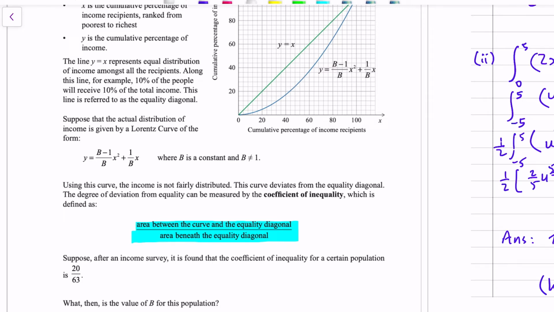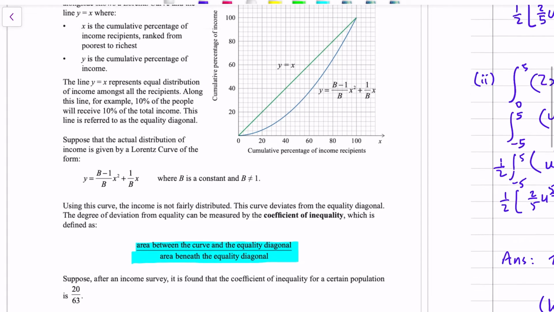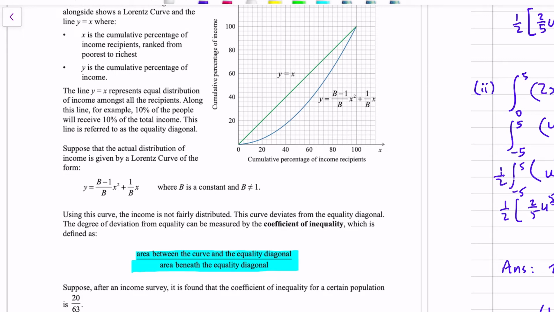And if the area between the equality diagonal and the curve is really large, how is that ratio going to change? The area beneath the equality diagonal is always just the area of a triangle.